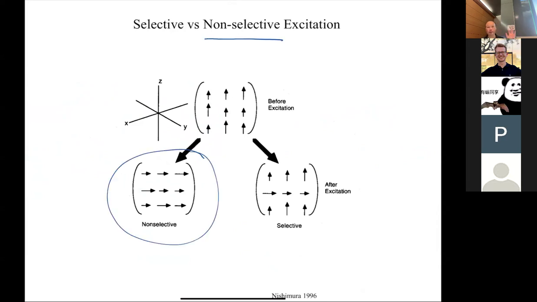All the spins are flipped no matter where they are. What we want to talk about today, or just give you a taste of, is selective excitation, because that's used so often. The idea here is only the spins in this slice get flipped. And so when we're looking at the magnetization of the signal, only those spins are going to contribute, and we're going to have an image of just that slice.